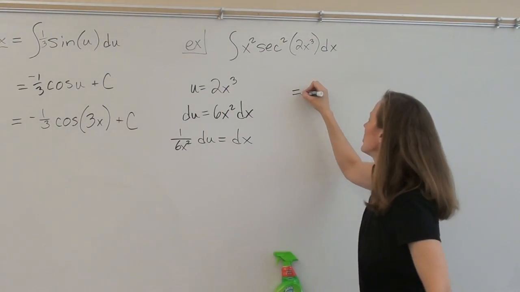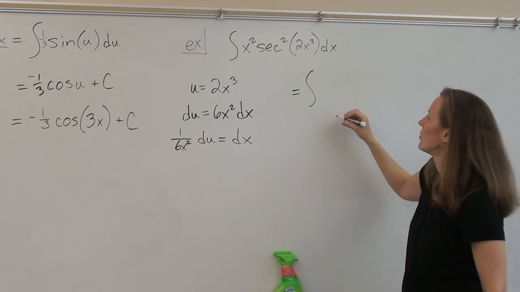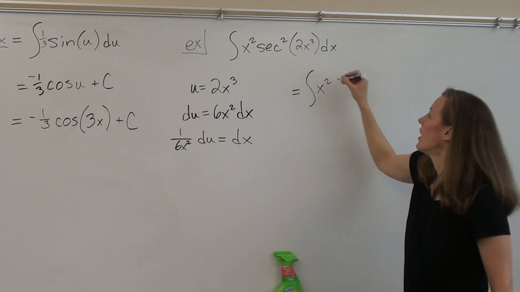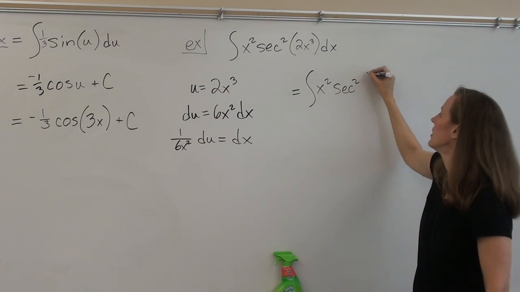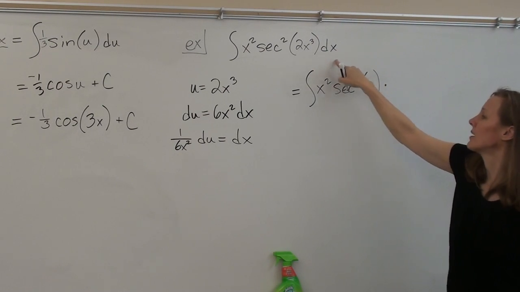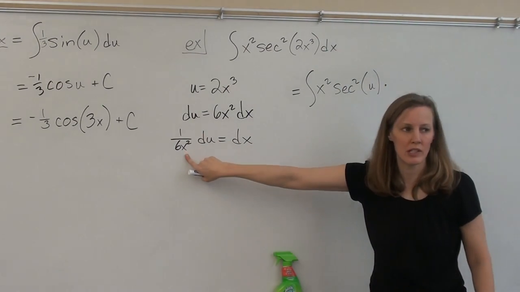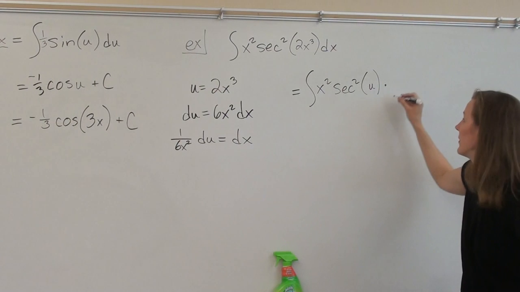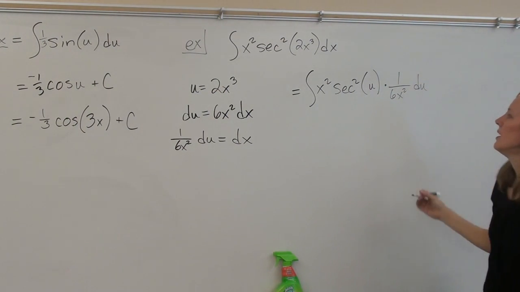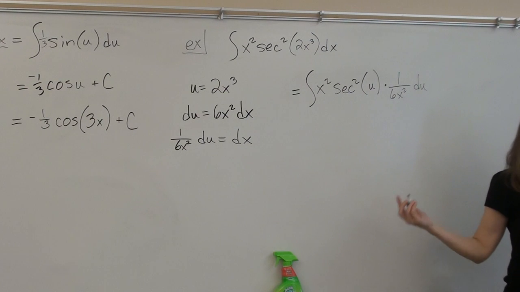And then you just replace. So the x squared just comes along. I have secant squared, the 2x cubed is u, and then dx is 1 over 6x squared du. And now I can cancel.